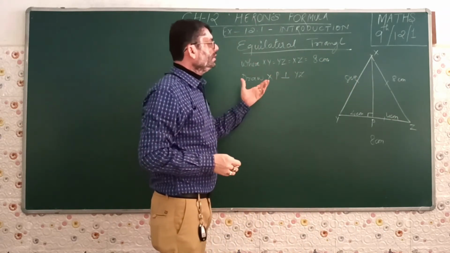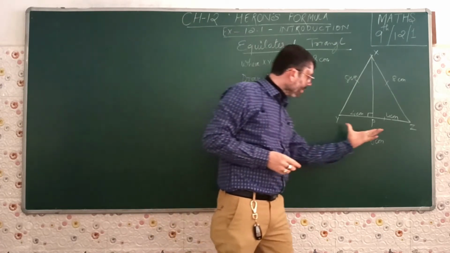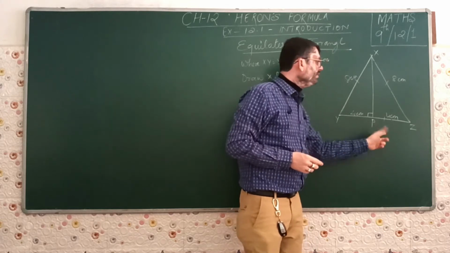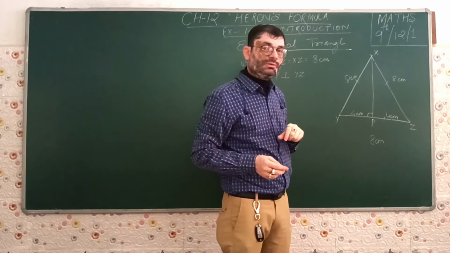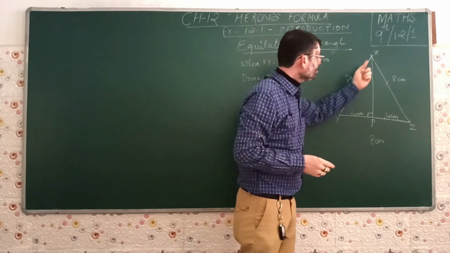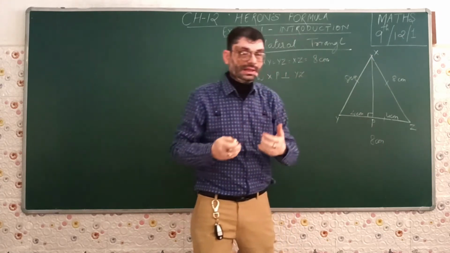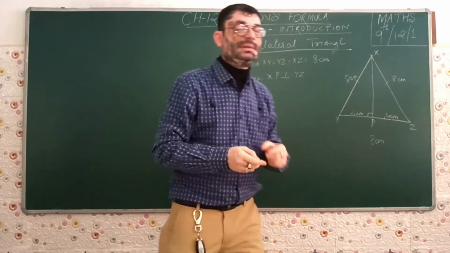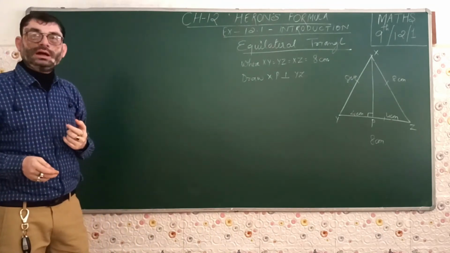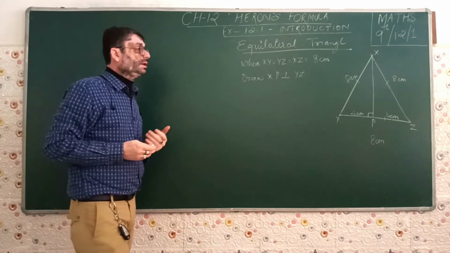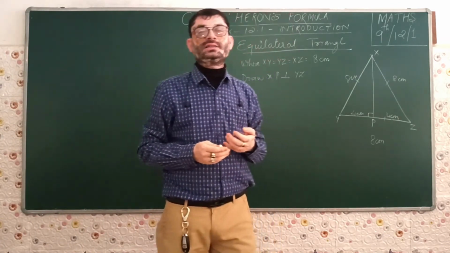Now, for applying the area of a triangle, half into base into height, we have a base YZ. We don't have the height that is required, and how can that height be calculated? If we consider only triangle XYP, the height can be calculated as we have discussed, by applying Pythagoras theorem when two of the sides are known to us and we need to find the third side.